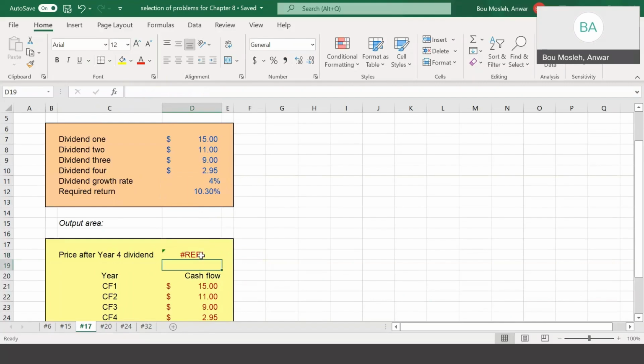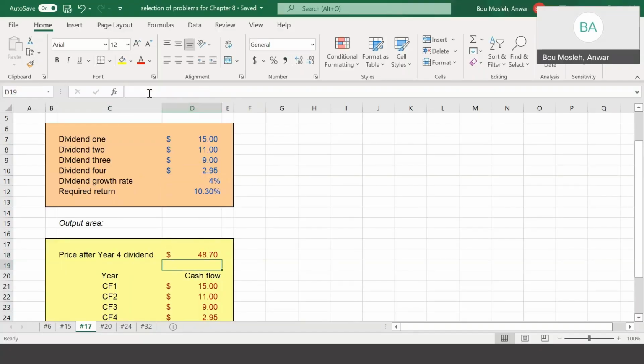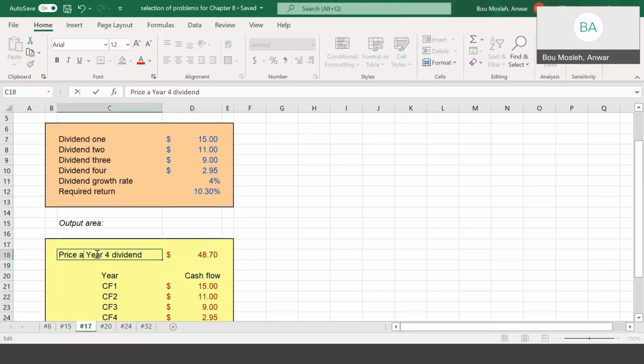Oops, I did something wrong. Oh, here, I typed 8 instead of R. So the price after year 4 is, well, not after year 4, it's at year 4, actually.